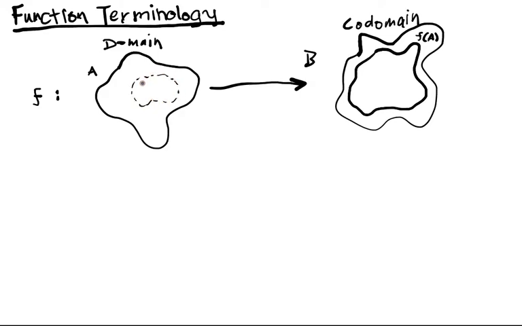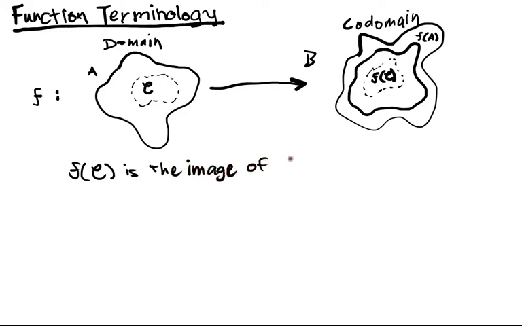So I've got a set, and I'm going to call it C, a little script C. Well, I can also take the image of just the set, and I'll get a corresponding chunk in here called f of C. That is the image of C under f.